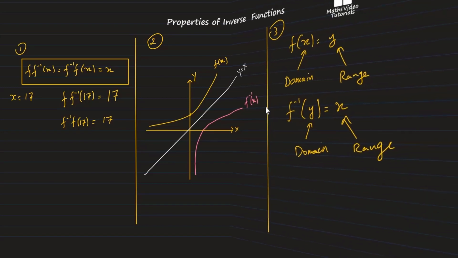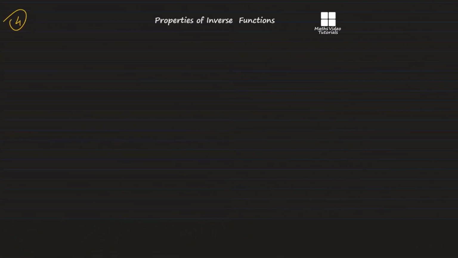Property number 4. We know that a function can be one of these two types, either a one-to-one type of mapping or many-to-one. So let's do some diagrams.